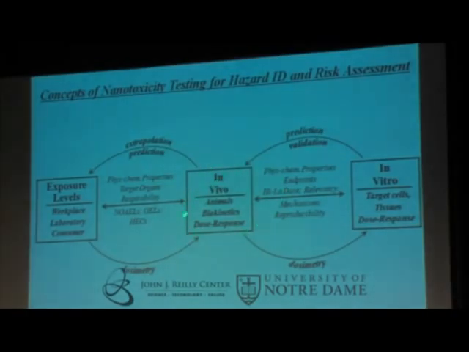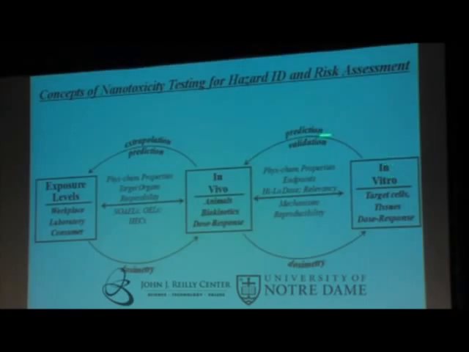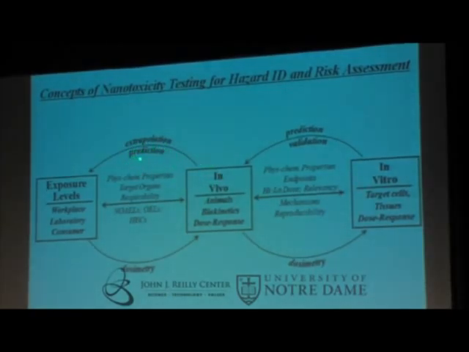And in vivo studies, the biokinetics are a main thing to look into, and the assessment of dose response, as well as the in vitro studies to select the appropriate target cells or tissues and look at the dose-response relationship with wide doses, so to then try to validate these studies here with in vivo results in terms of being able to predict it, and similar here from in vivo to the in vivo exposures here, trying to predict or to evaluate, to interpret the studies, and that we can predict what's going on here.